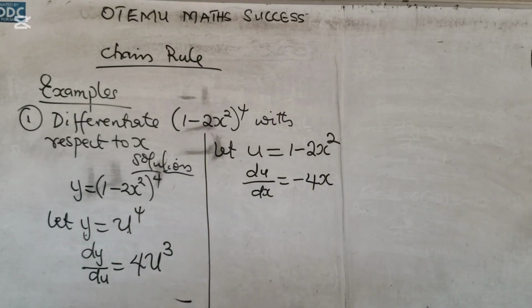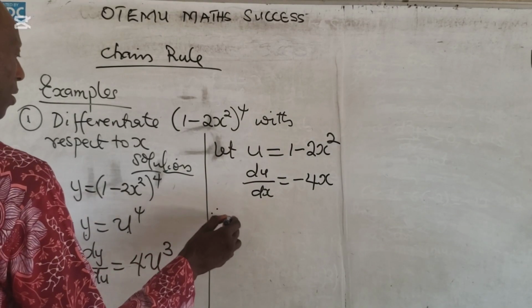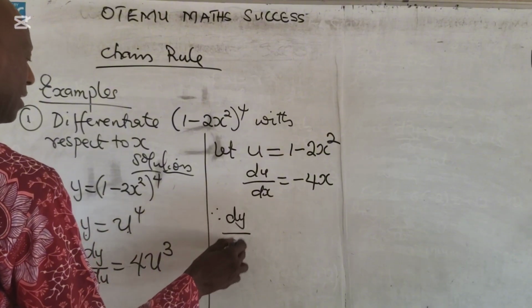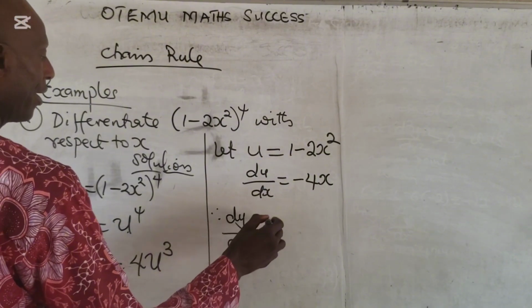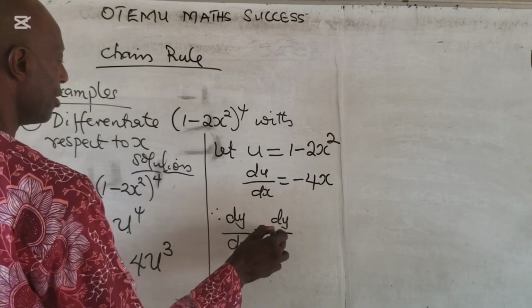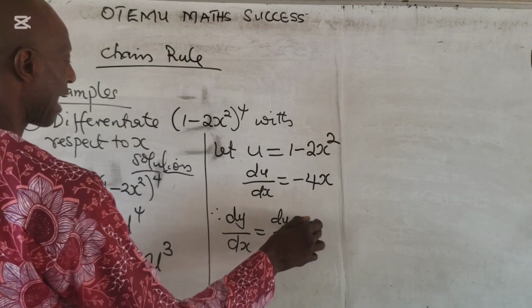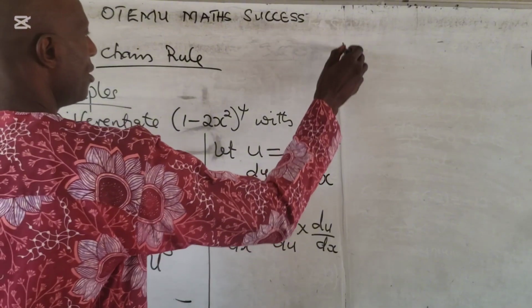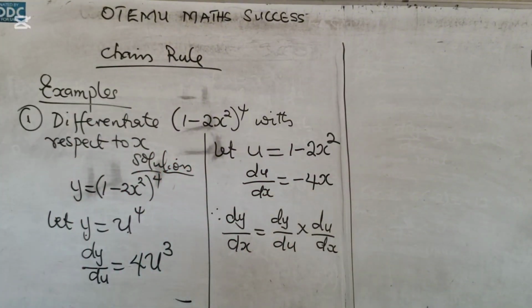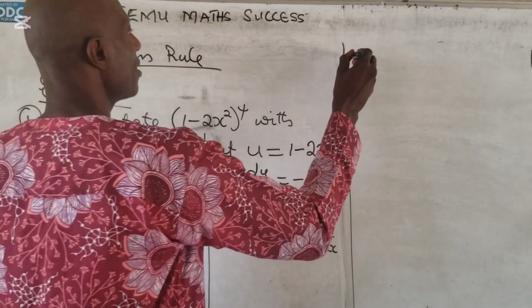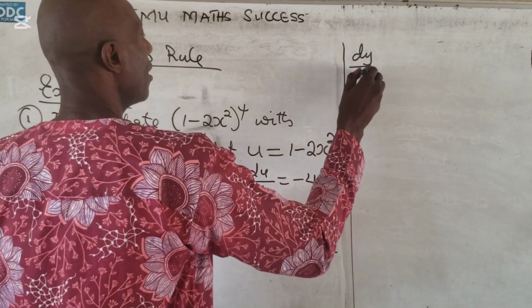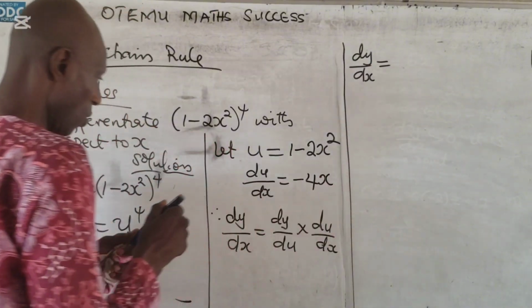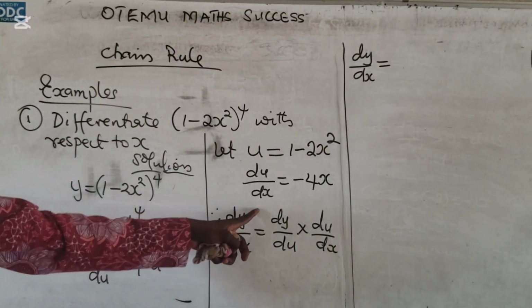So it's minus 4x. Therefore, dy/dx is equal to dy/du times du/dx. So let us substitute. dy/dx is equal to dy/du dot du/dx. What are we now going to look for? dy/du.